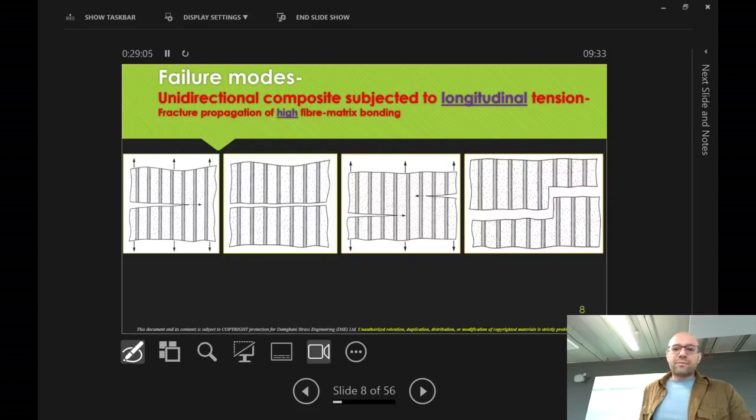So, going on the topic of failure modes, unidirectional composites subjected to longitudinal tension for high fiber matrix bonding. If the bond is good, generally, there are more than two ways, but the common methods of manufacturing composites are, one, for high performing composite, you use autoclave, just to make sure there's enough pressure on the composite, just pressurizes everything together so that the bond is perfect, or so-called perfect.